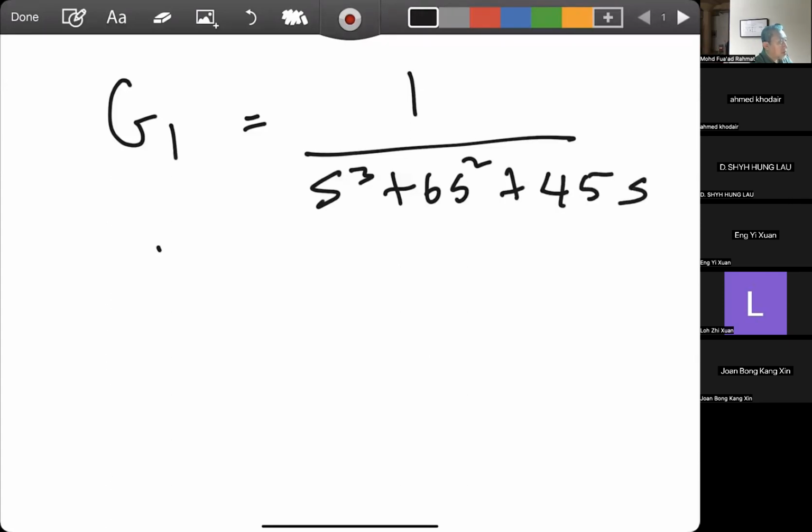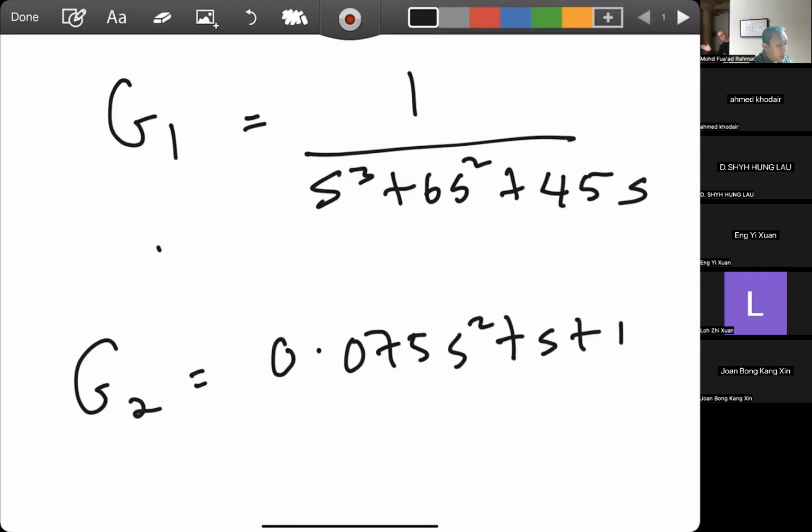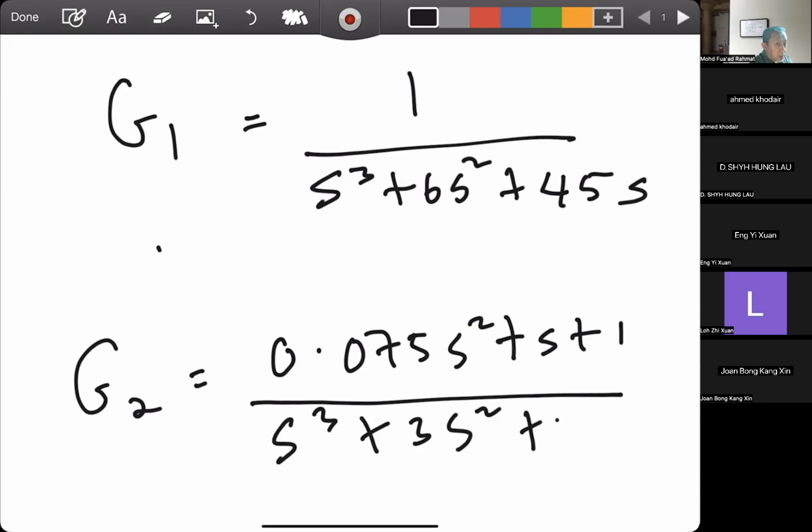And then G2 is 0.075s squared plus s plus 1 divided by s cubed plus 3s squared plus 5s. So find the roots.